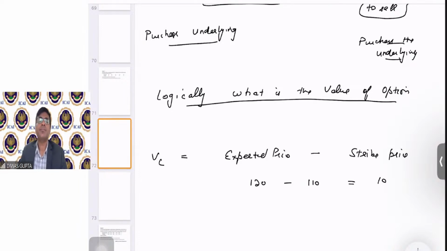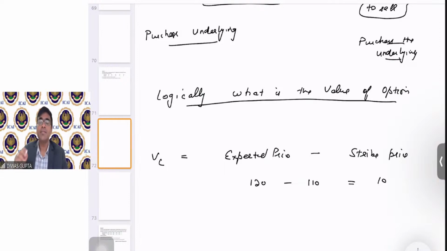Think through. A person will not pay a premium higher than what he expects to earn from that option.